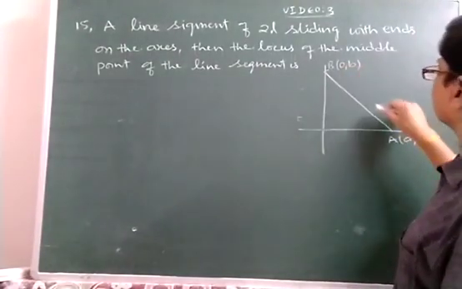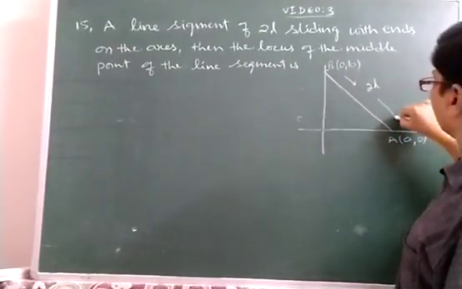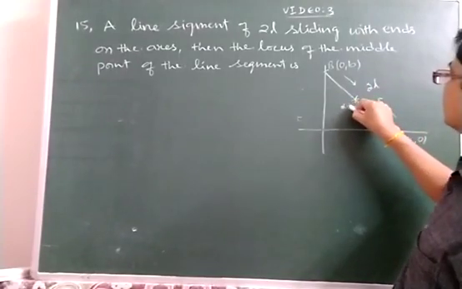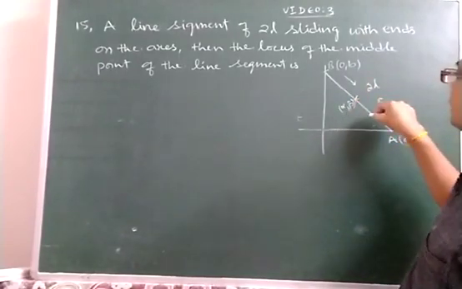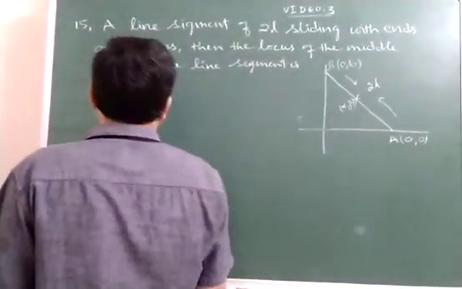The length of AB is given, that is 2L. And if (alpha, beta) is the midpoint of AB, then what is the locus of (alpha, beta)?